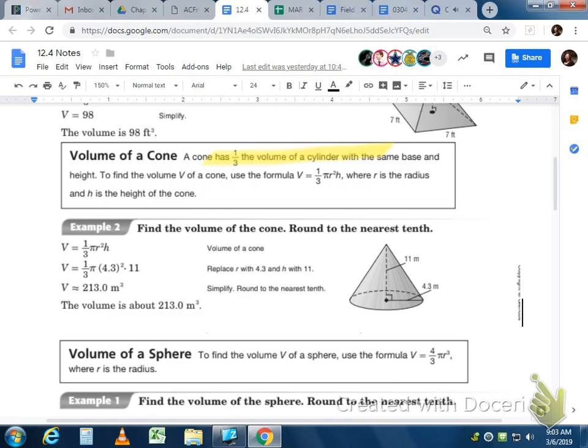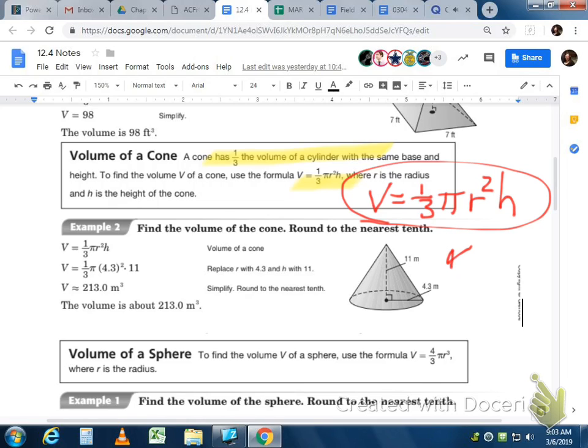It's always a circle, so that's where you get the pi r squared. You don't have to deal with the big B, because it can be a varying amount of things. So for this cone, the volume is 1/3 pi r squared h: the area of the base times the height, and then 1/3 of it.